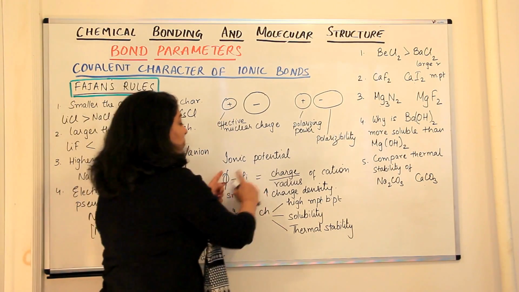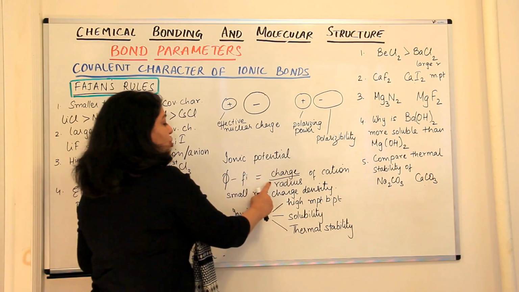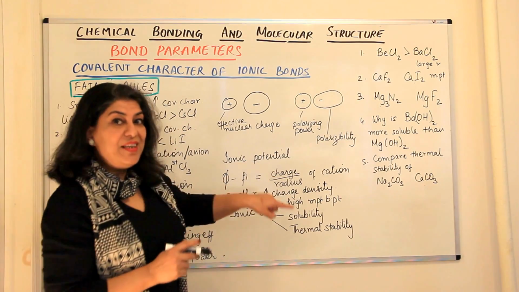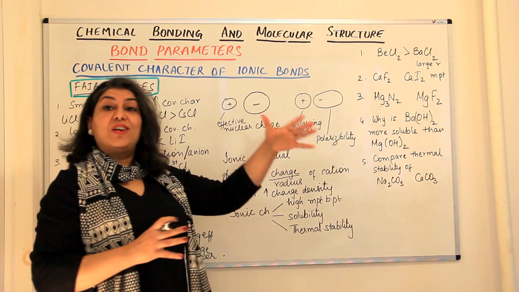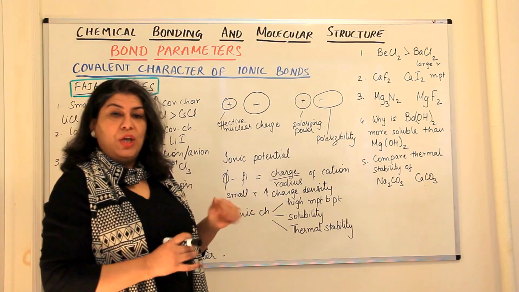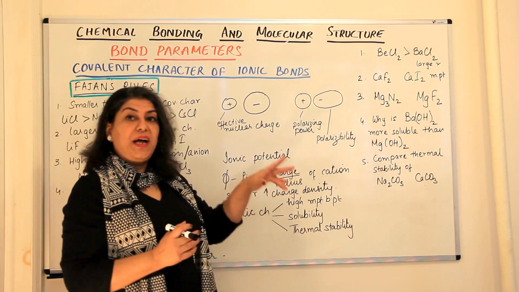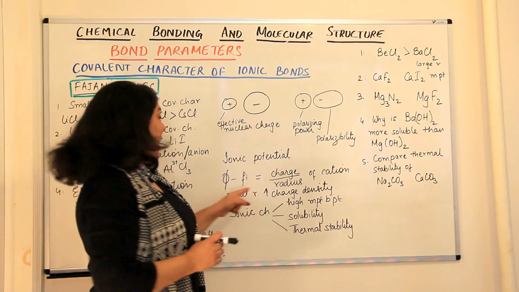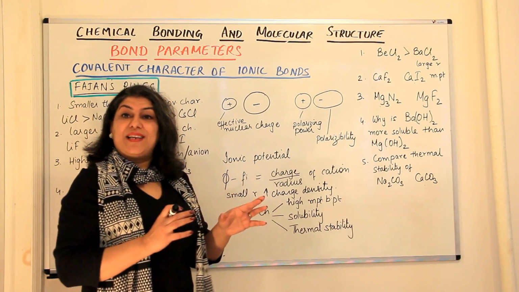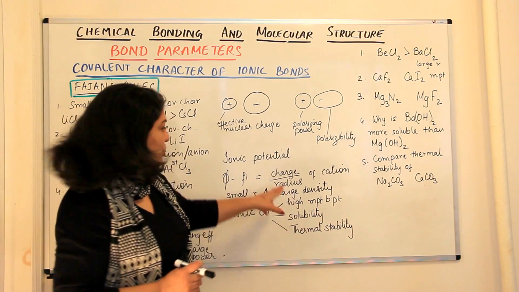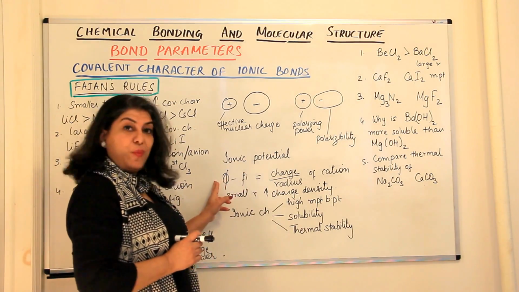We talk of the ionic potential of the cation mathematically. So from this, what do we understand? That the radius is in the denominator and the charge of the cation is in the numerator. So the covalent character would be greater when the charge on the ion is greater and when the size of the cation is smaller. The smaller the denominator, the greater the value of phi.